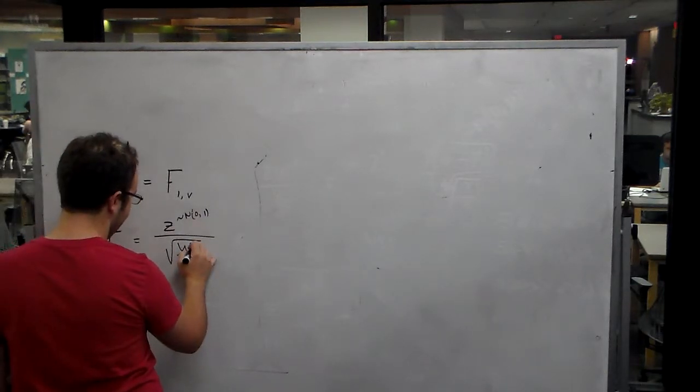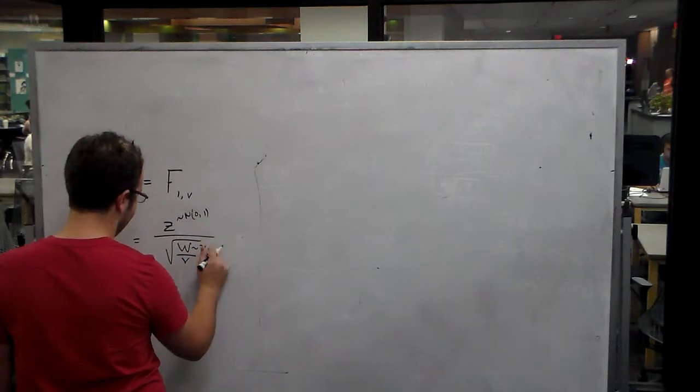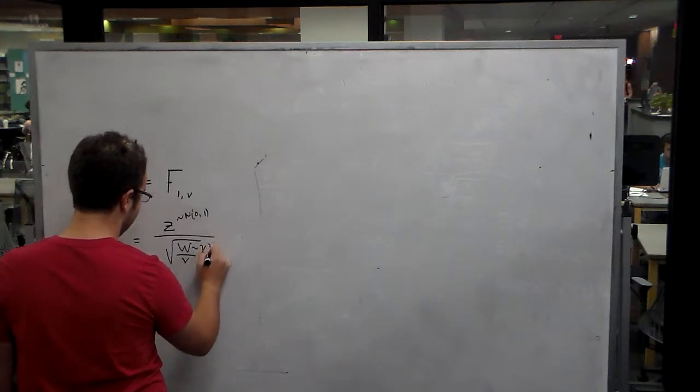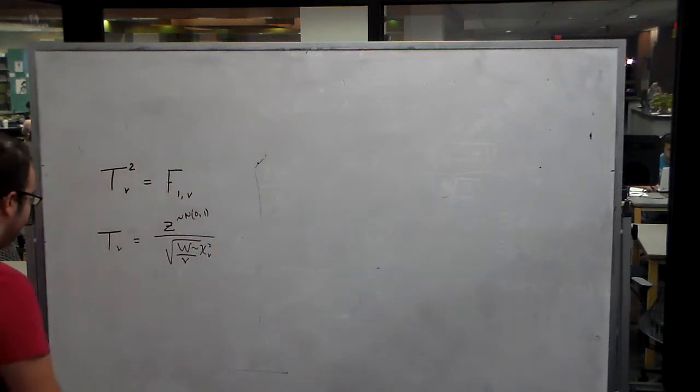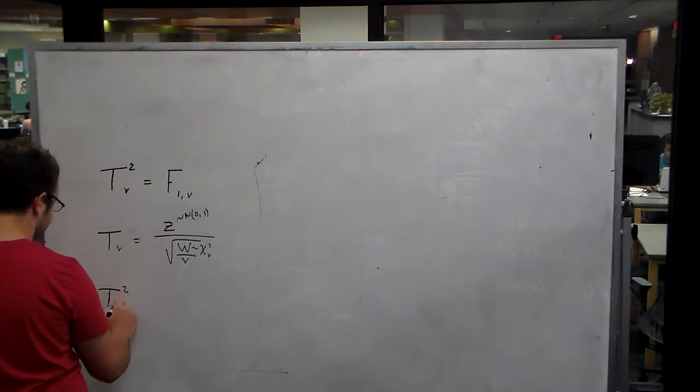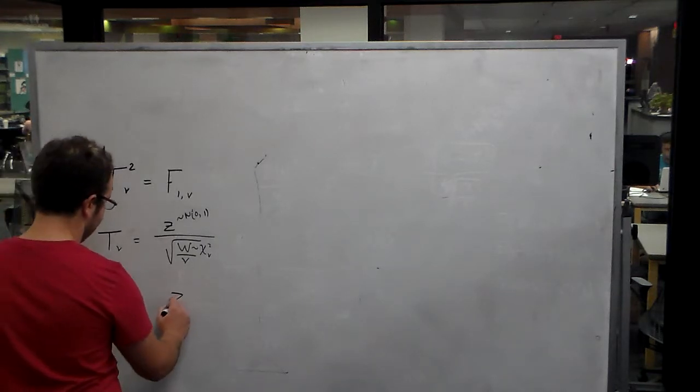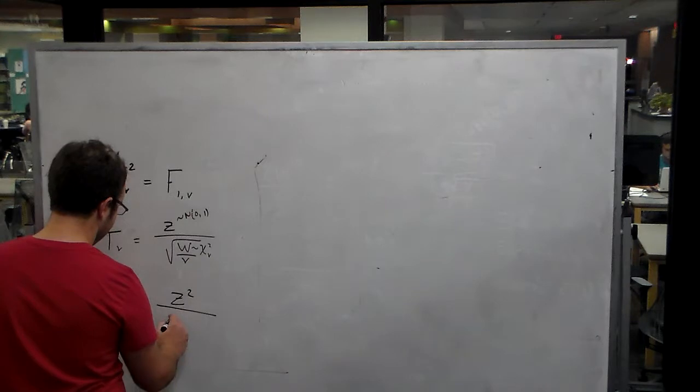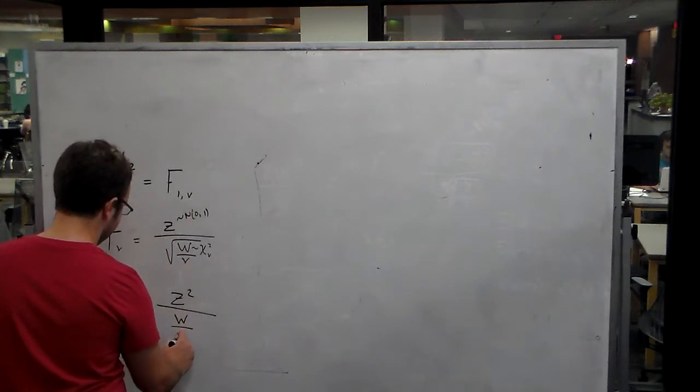And we know w is distributed chi-square with v degrees of freedom. Now we're going to square both sides. It's actually pretty simple.